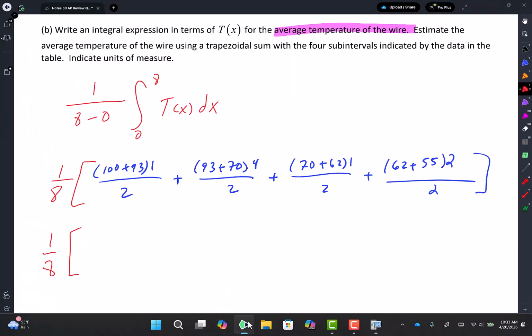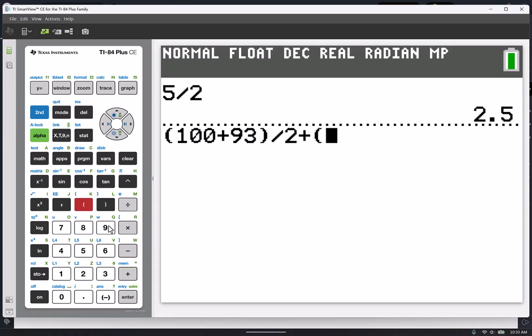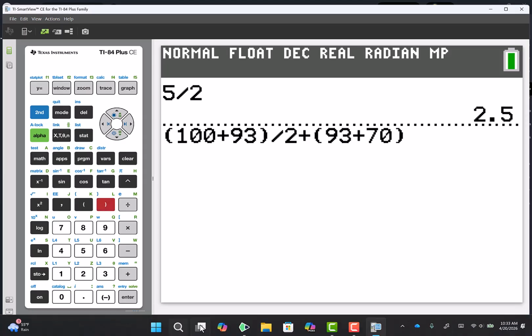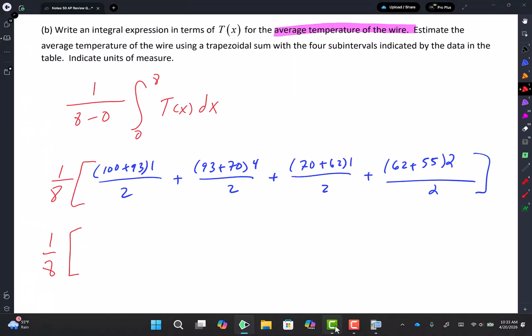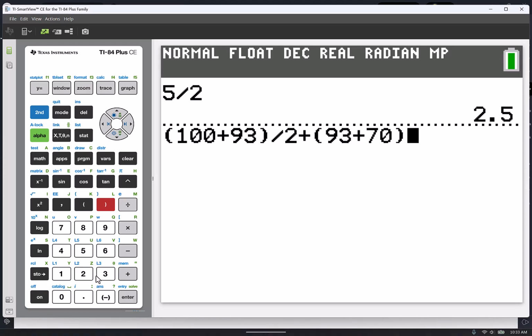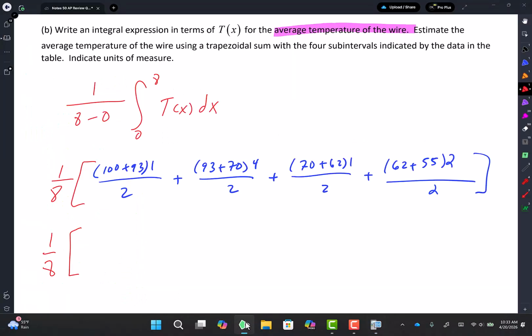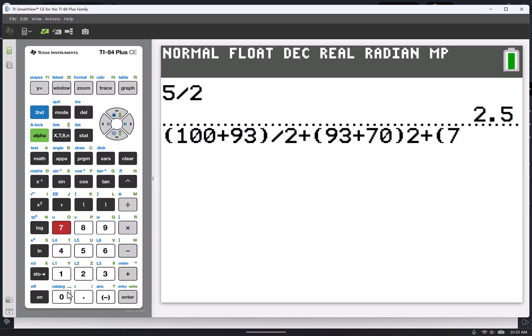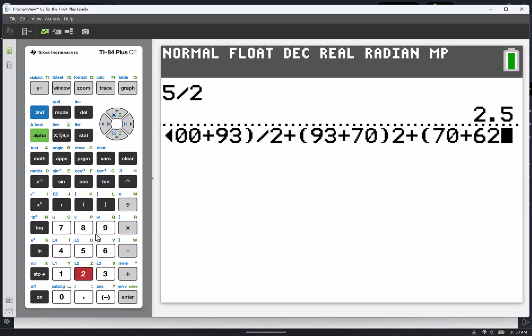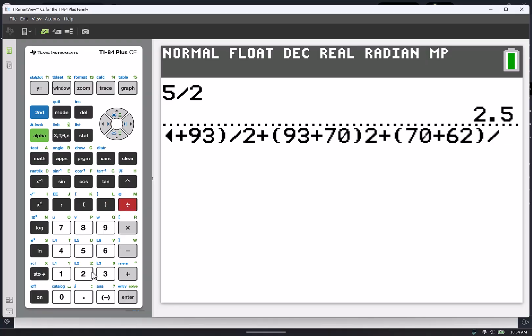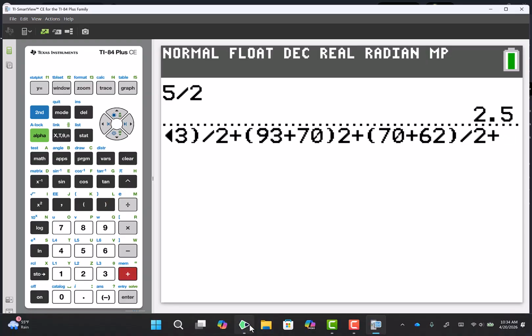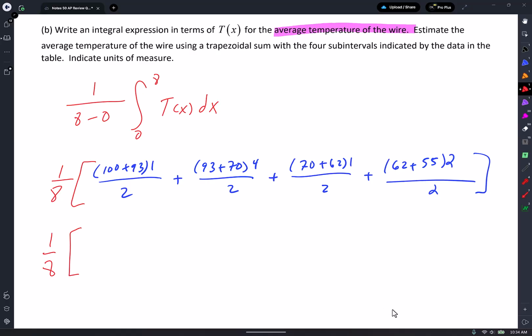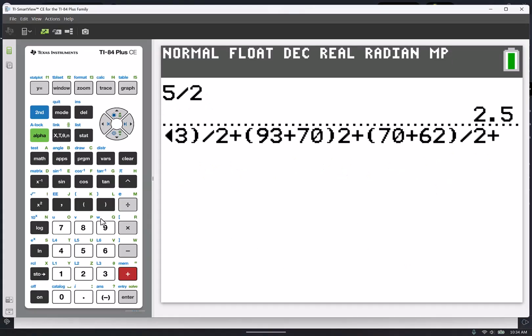Plus 93 and 70, times 4 divided by 2, so times 2, plus 70 plus 62 divided by 2, 62 plus 55.